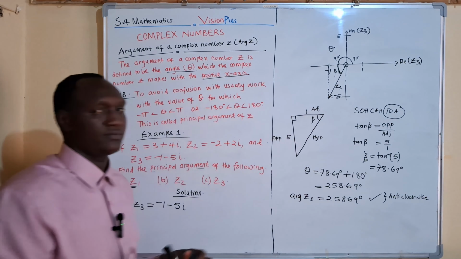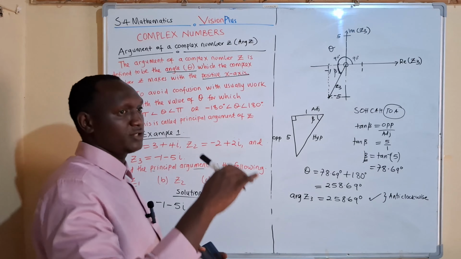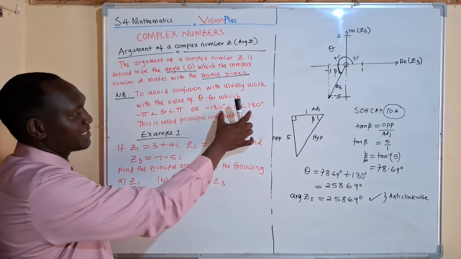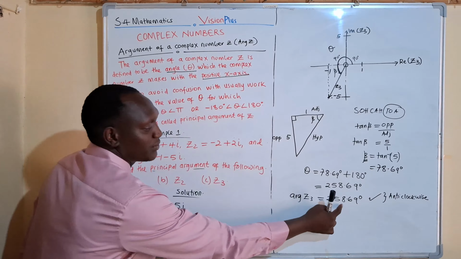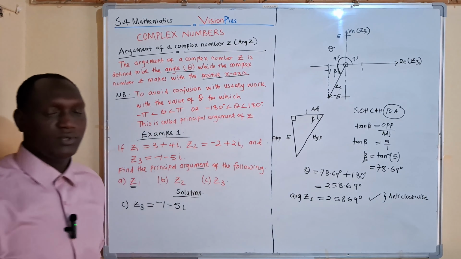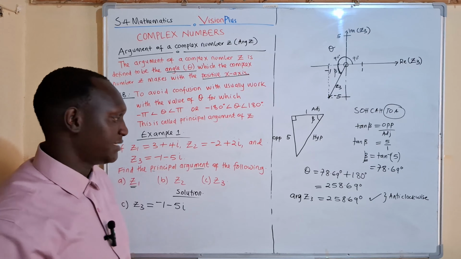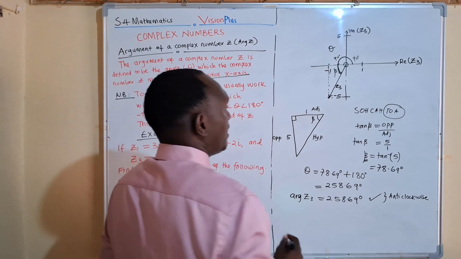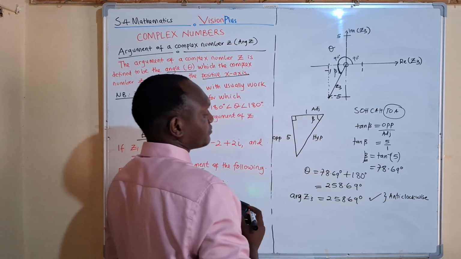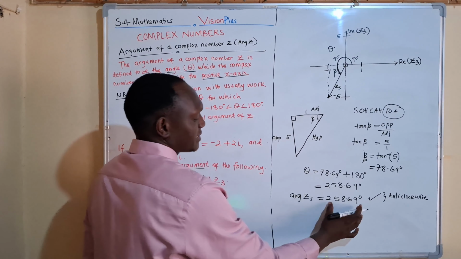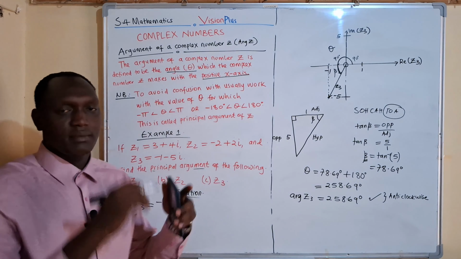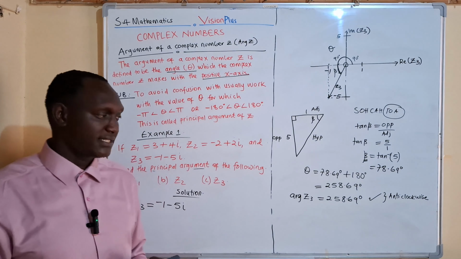But in the concept of principal argument, we need to get the angle so that it lies in this range. Remember, ours has gone to 258, and yet we want it between negative 180 and 180. So what do we do here? Remember, the complete revolution is 360.